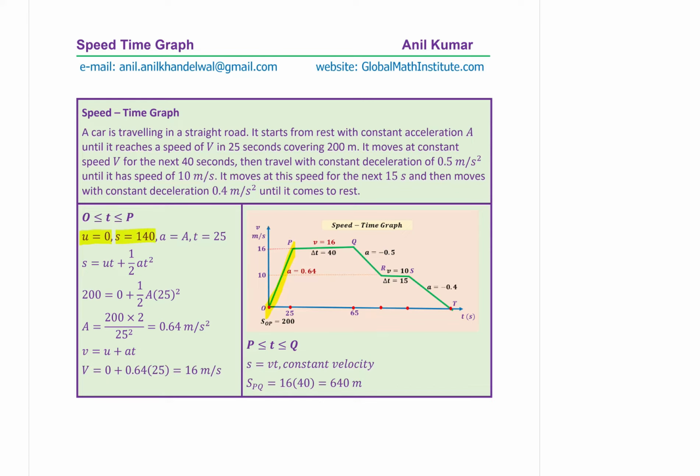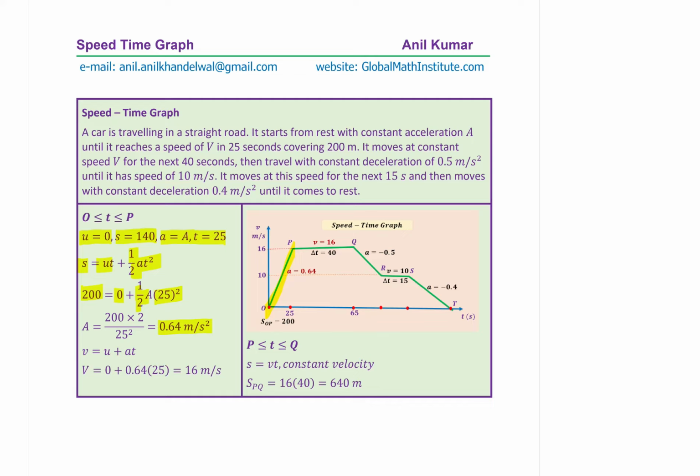During a distance of 200 meters, the acceleration was a, which we need to figure out, and the time was 25 seconds. S equals ut plus half at squared is the formula which connects all these things. We are given S as 200, u is 0, half of capital A for acceleration, 25 squared. From here you can rearrange and calculate acceleration as 200 times 2 divided by 25 squared, which is 0.64.